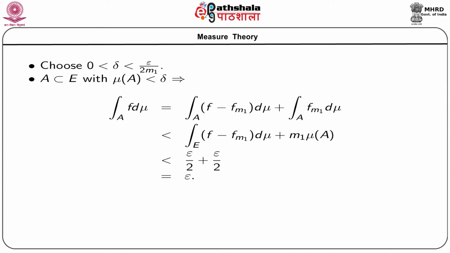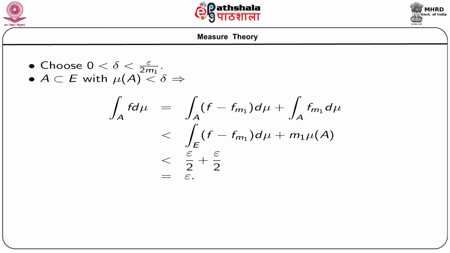Now, if we take a measurable set A subset of E such that measure of A is less than delta, this implies that for integral over A f d mu, I can write f as f minus f m 1 plus f m 1. So, integral over A f d mu equals integral over A f minus f m 1 d mu plus integral over A f m 1 d mu.